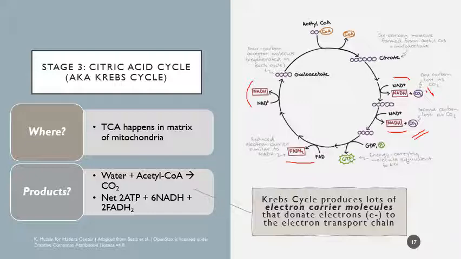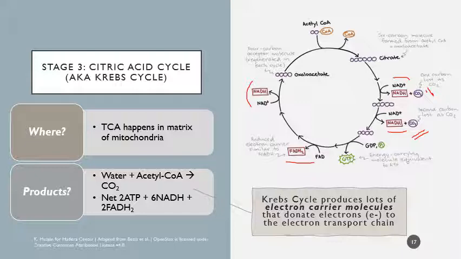So when we have this process, we're taking water and acetyl-CoA, and we're ending up with carbon dioxide, following the carbon atoms, but we're getting an okay amount of ATP and a lot of NADH and FADH2.